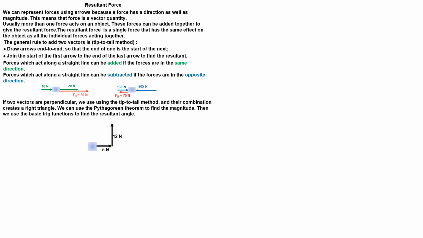Join the start of the first arrow to the end of the last arrow to find the resultant. The resultant is the hypotenuse in this triangle, so we have to apply the Pythagoras theorem. So the resultant acting on the block is 13 newtons. To find the angle that the resultant makes with horizontal, we use trigonometry.